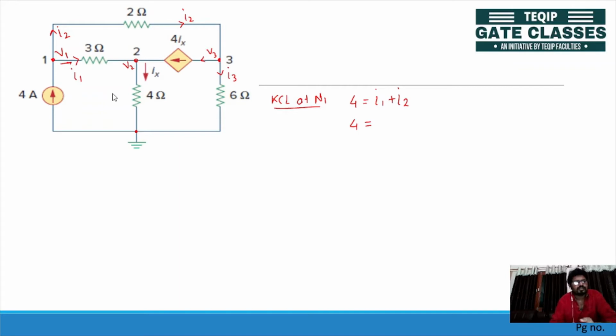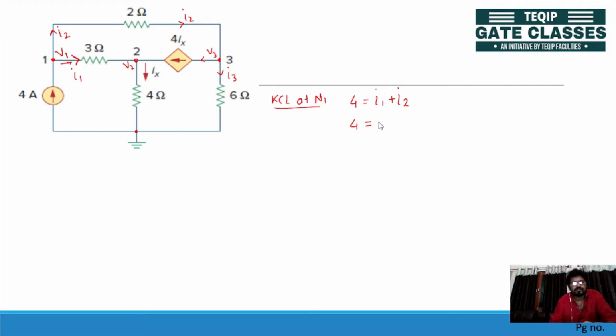So current is the potential difference divided by resistance. And we all know current flows from higher potential to lower potential. So V1 is at higher potential with respect to V2 if the current direction is like this. So what will we write?